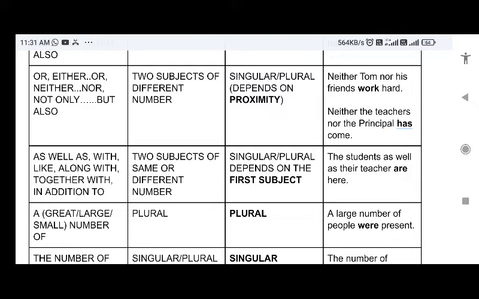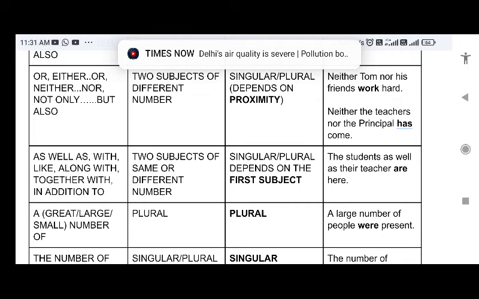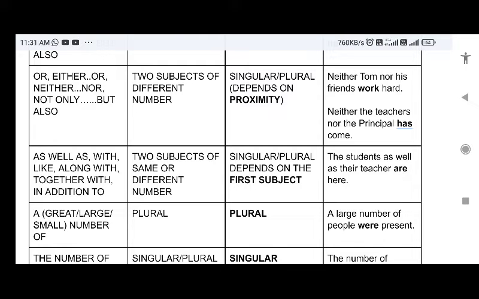Neither the teachers nor the principal has come. See, neither the teachers nor the principal. So which is the verb here? Has. And which is nearest to it? It is principal. That's why we have written has. So generally, when neither nor, either or join two nouns of different numbers, the plural noun sits closer to the verb.